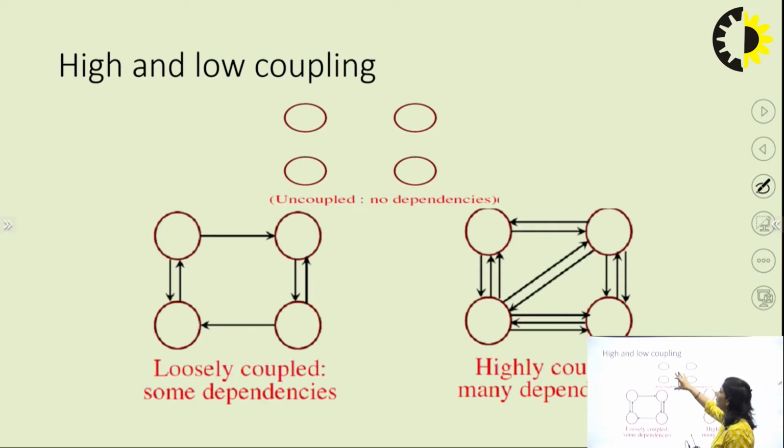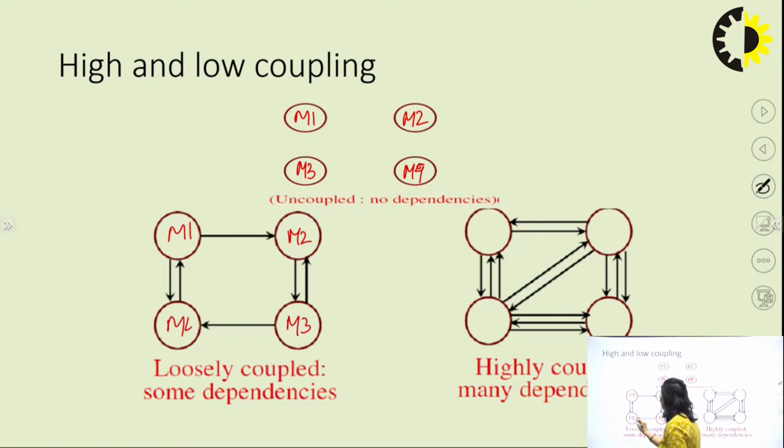Here we have designed how the coupling will look. Say I am having M1, M2, M3 and M4. Here the four modules are there, but they are not connected with each other. That means there are no dependencies and these four modules are uncoupled. Now let us look at this picture. Again, I am having M1, M2, M3 and M4.